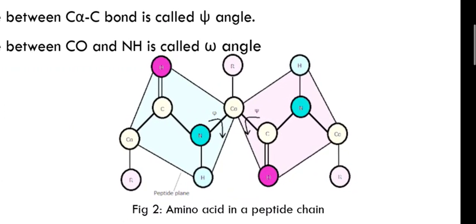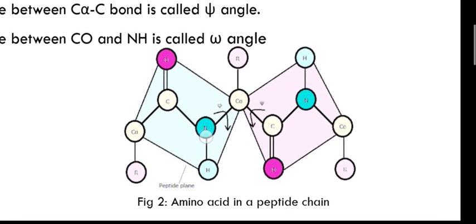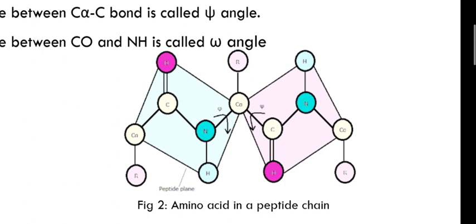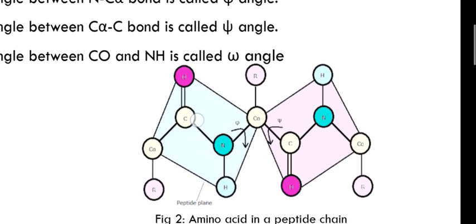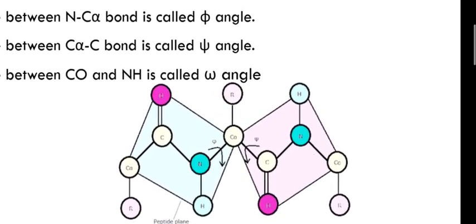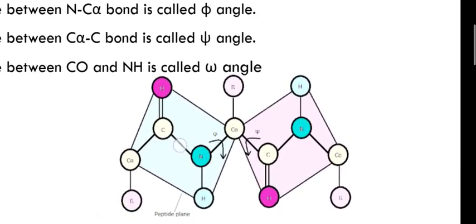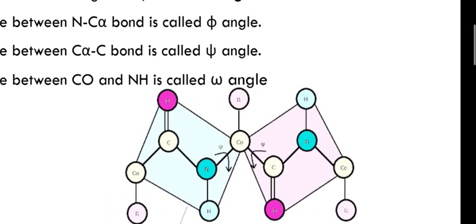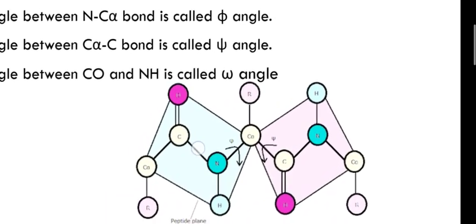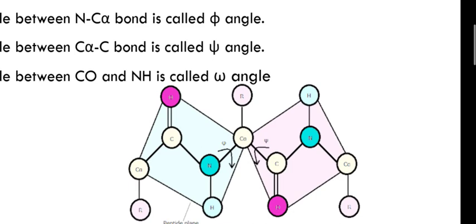The bond between C alpha and C is called psi bond, and the bond between C alpha and N is called phi bond. There is also another bond formed between C and N, CO and NH, which is the omega bond. The angle of this bond is always 180 degrees because of the double bond nature of the bond.